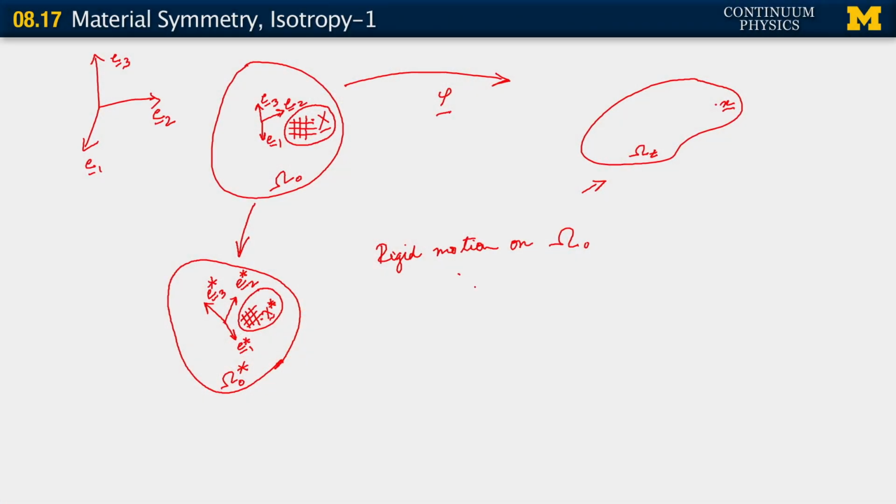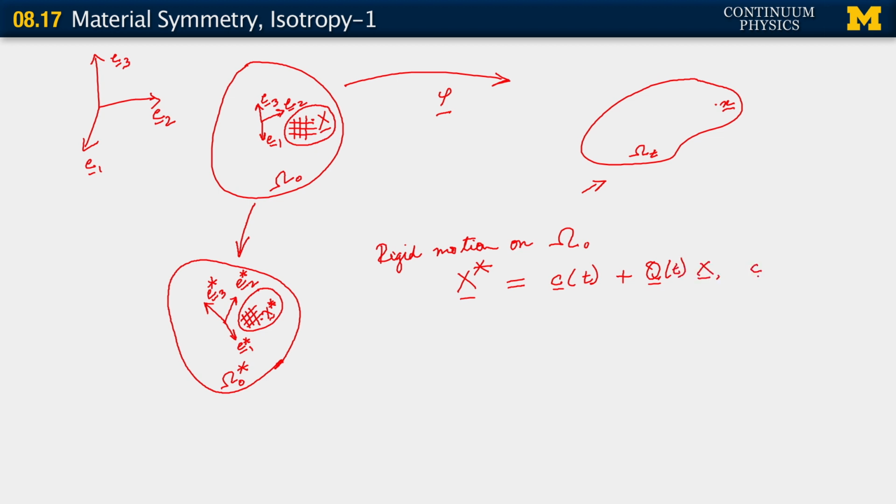Okay, so we've imposed a rigid motion on omega naught, which now allows us to write these new positions of material particles as X star equals, again, some translation vector, right, plus the effect of a rotation.